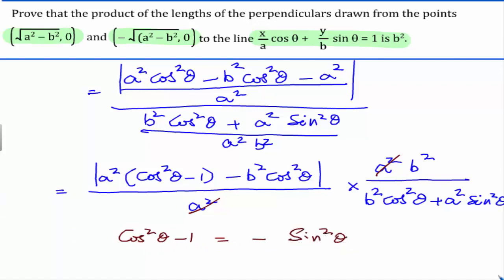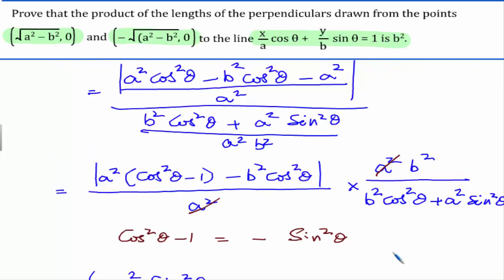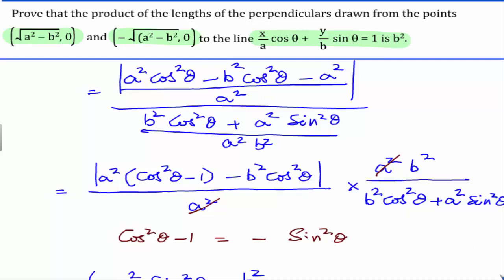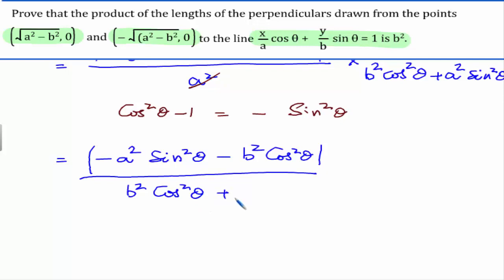So if we write that, we get minus a square sin square theta, because I am replacing this cos square theta minus 1 with minus sin square theta, and minus b square cos square theta by b square cos square theta plus a square sin square theta.